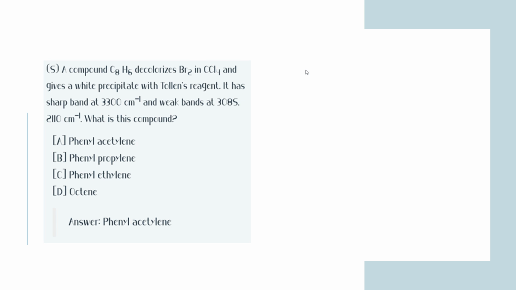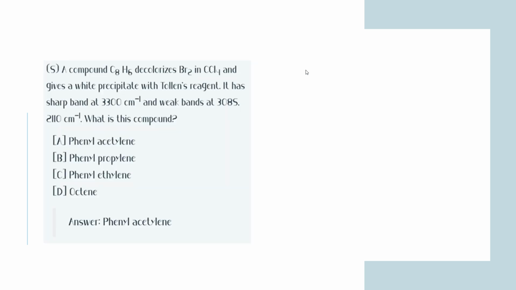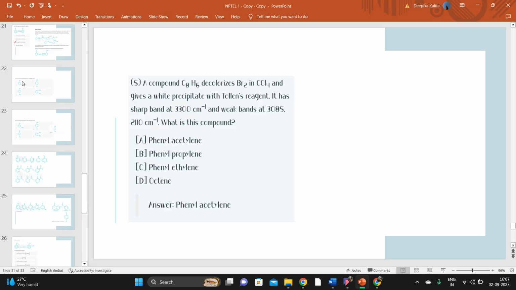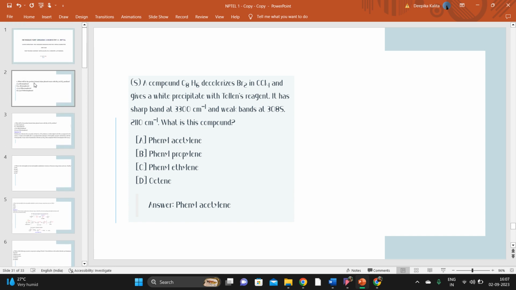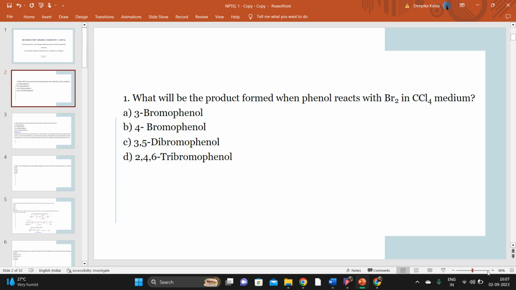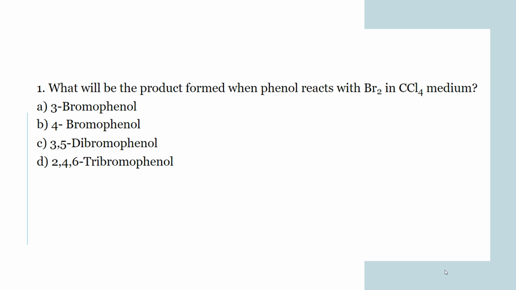Okay, so with this we have arrived at the end of today's tutorial questions. Let us quickly go through the questions that we have discussed today. We started with this question: what will be the product formed when phenol reacts with bromine in carbon tetrachloride medium?